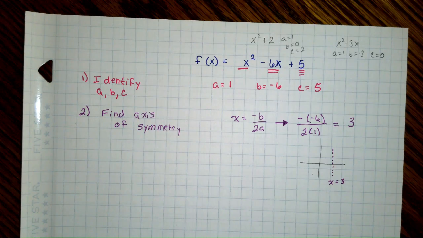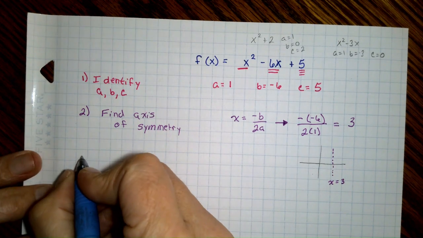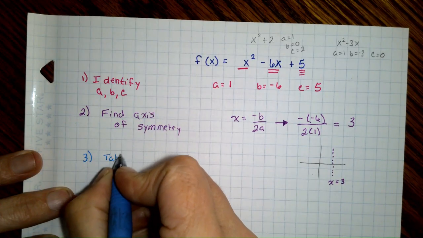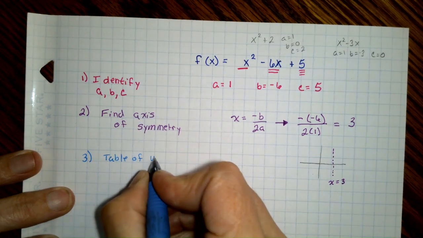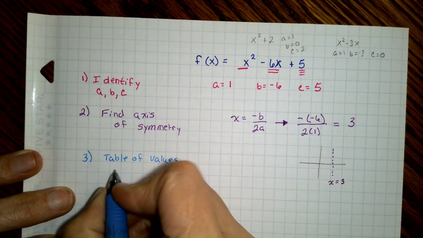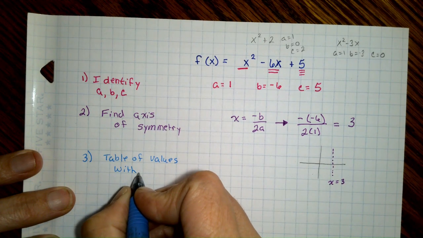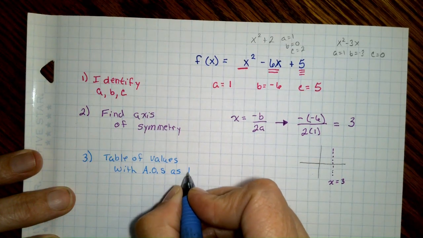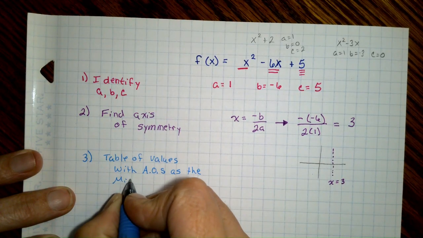Step 3, sorry. We're going to make a table of values, with, and I'm going to abbreviate, the axis of symmetry as the middle number.